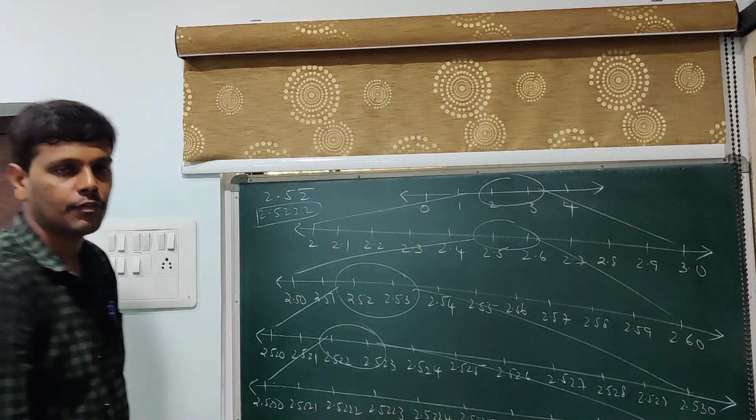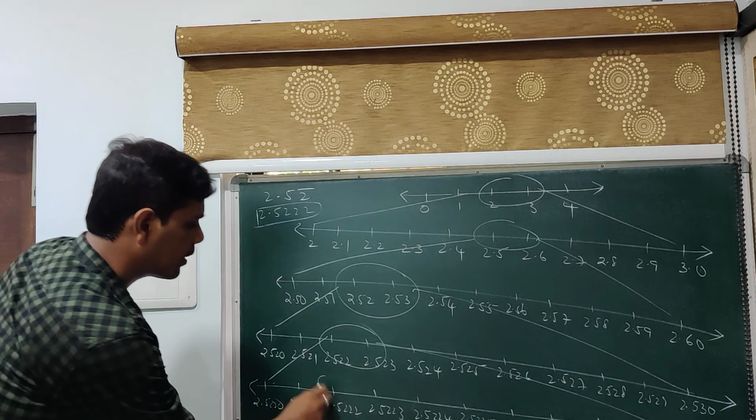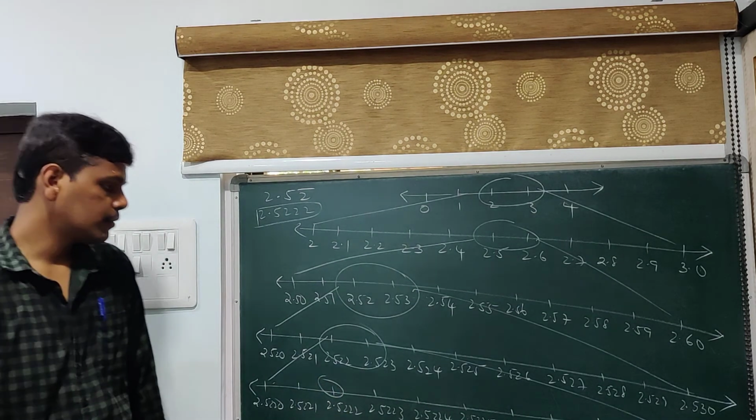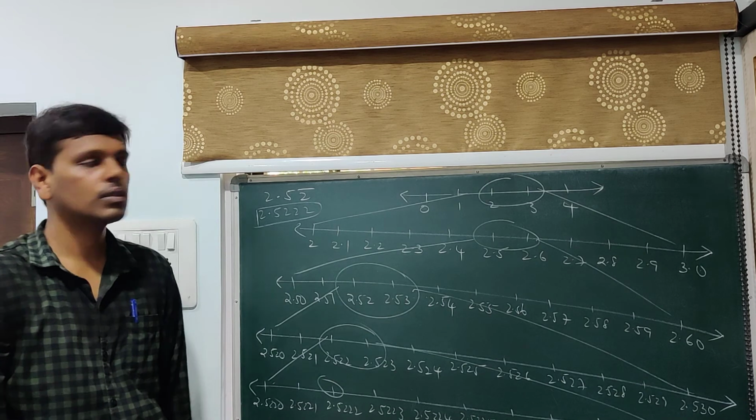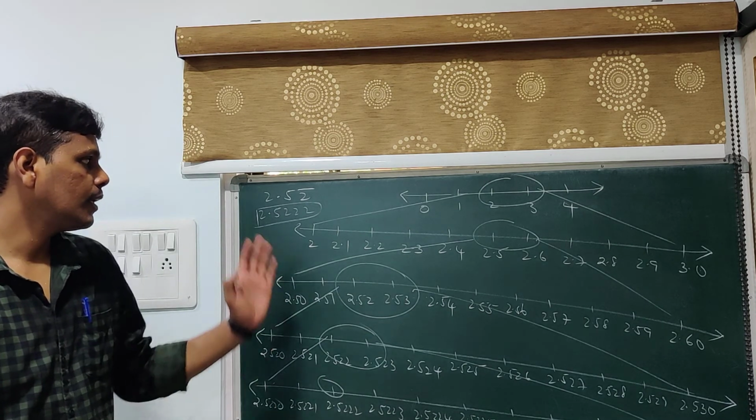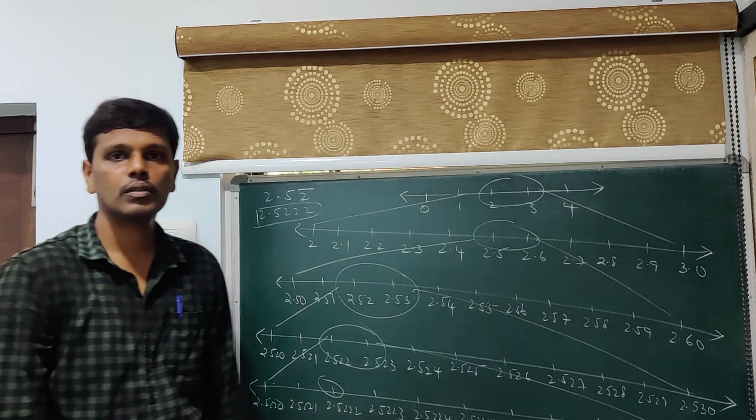So this is what we have magnified, and we got the required number 2.5222. So this is the way we will be marking a non-terminating repeating decimal on the number line.